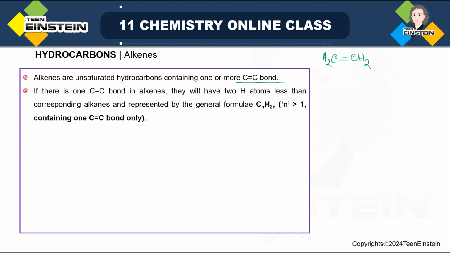Now in this case, the number of hydrogens is decreased because one of the valencies of carbon is fulfilled by making a bond with another carbon, and this bond is a pi bond. But whatever it is, the requirement of hydrogen is now less compared to alkane.